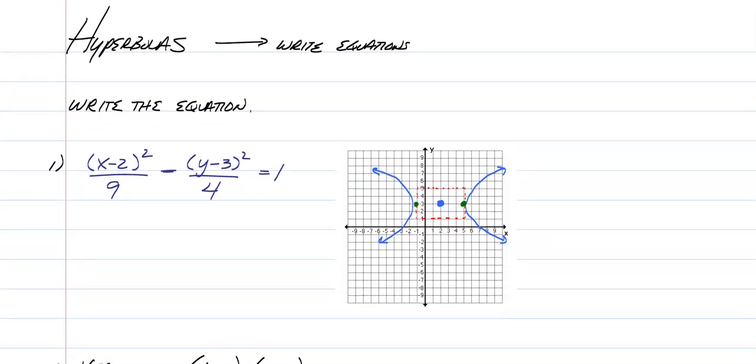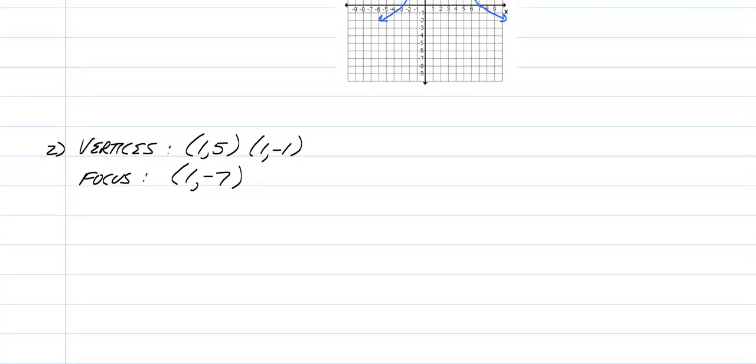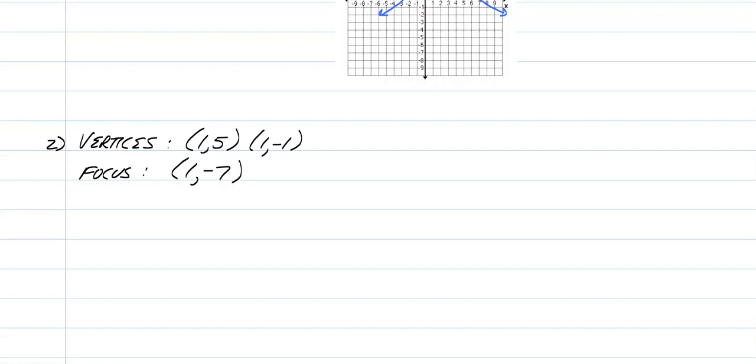We're moving on. The next one, it says that we have vertices at 1, 5 and 1, negative 1. And then we have a focus at 1, negative 7. So that is going to give us a little bit of math to do here. But if you have a vertex at 1, 5 and another vertex at 1, negative 1, that will help you determine where your center is.